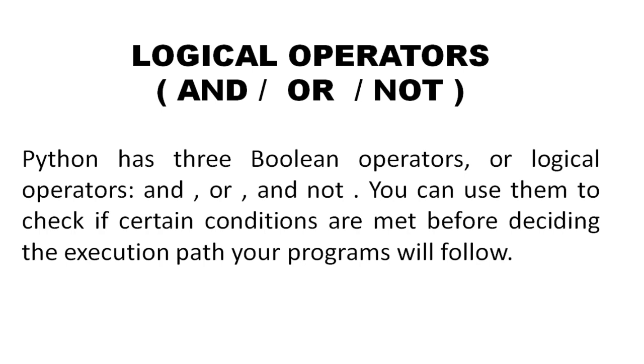You can use them to check if certain conditions are met before deciding the execution path your programs will follow, right? So let us see all these operators in our Python window, how to use them in programming.